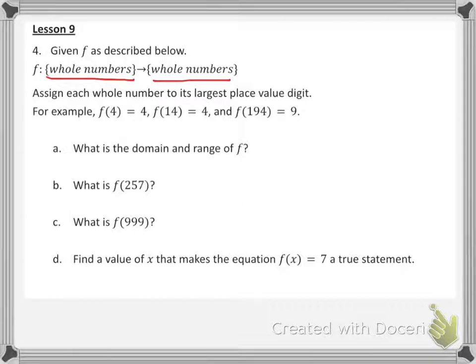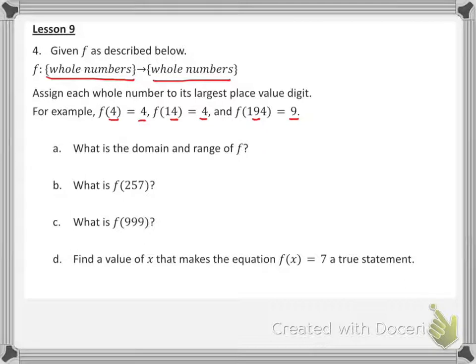So, for example, in the first one, the largest digit is a 4, so that produces a 4. And in f of 14, the largest digit is a 4, so it produces a 4. In f of 194, the largest digit is a 9, so it produces a 9. And then the question is, what is the domain and range?